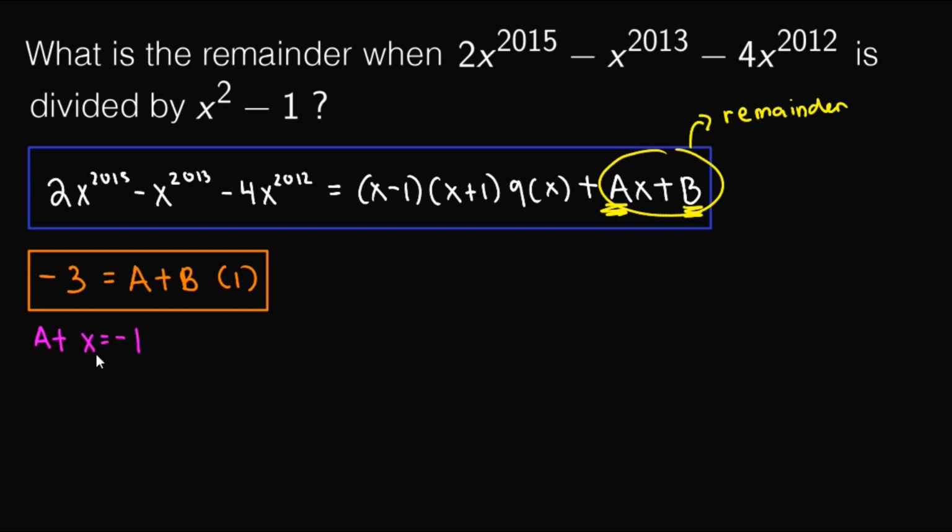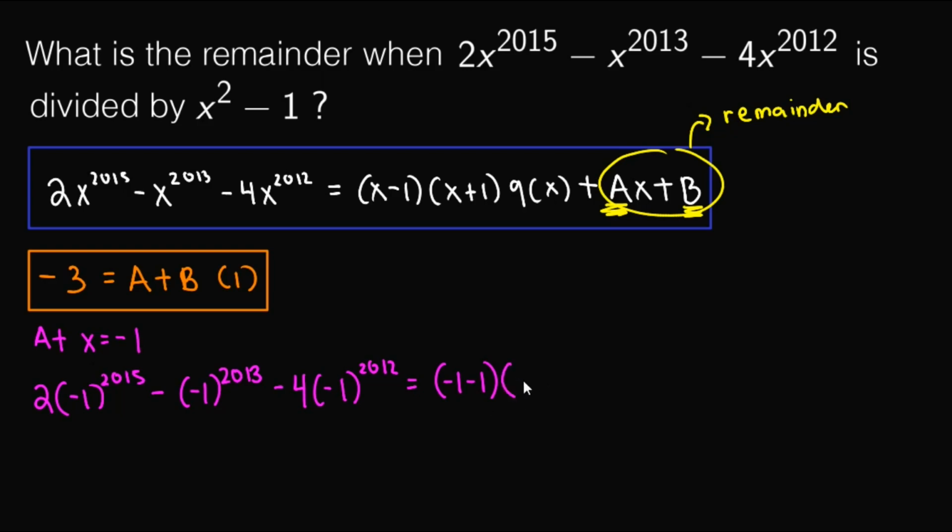So at x equals -1, we'll have 2 times -1 raised to 2015 minus -1 raised to 2013 minus 4 times -1 raised to 2012, and this is equal to -1 minus 1 times -1 plus 1 times q of -1 plus a times -1 plus b.